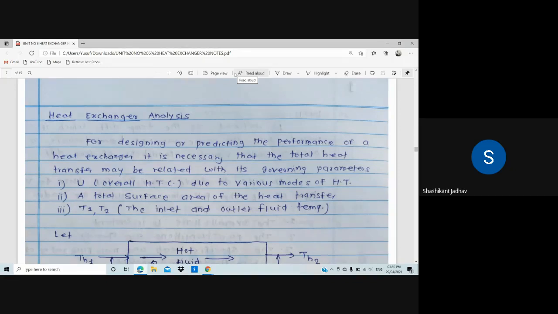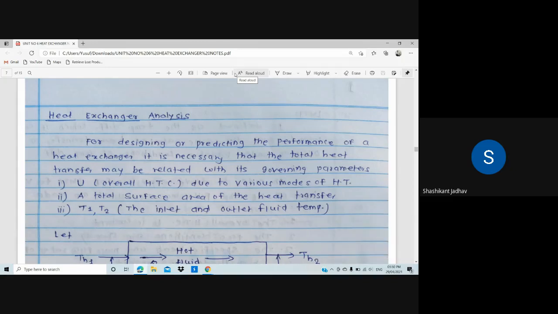In the heat exchanger analysis, all of you write down the first point, that is overall heat transfer coefficient due to various modes of heat transfer.